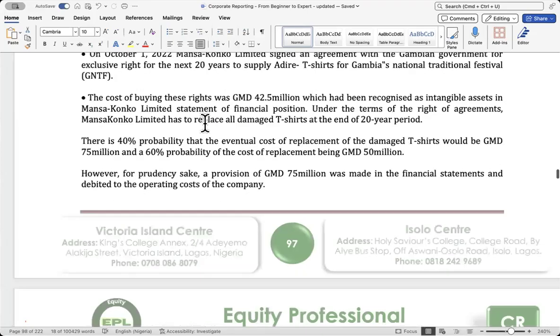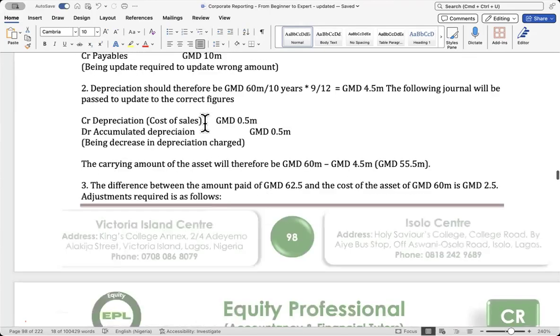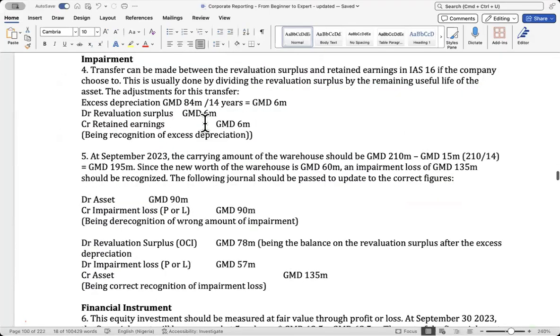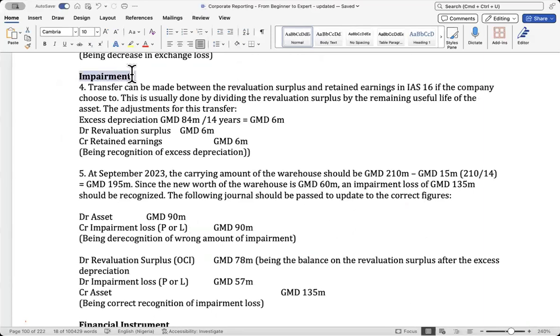So the way I corrected it here, so that impairment, I said transfer can be made between revaluation surplus and retained earnings in IAS 16 if the company chooses to. Like I told you, it's not compulsory, it's optional.